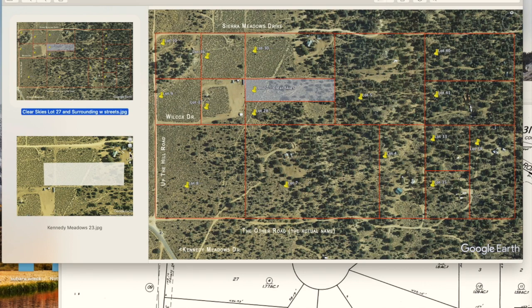Most of the time you can kind of make an adjustment because you see there's a bend in the road or something like that, and you just know that you got to shift that down 15 feet or so to the south or something to correct for how off the county GPS coordinates are. At one point I was going to spend the money on a GPS system that was accurate down to inches or millimeters.